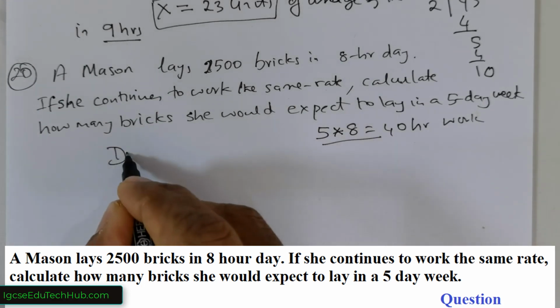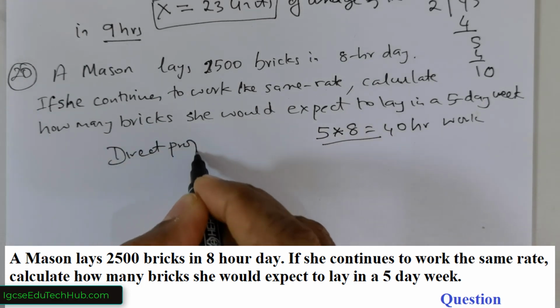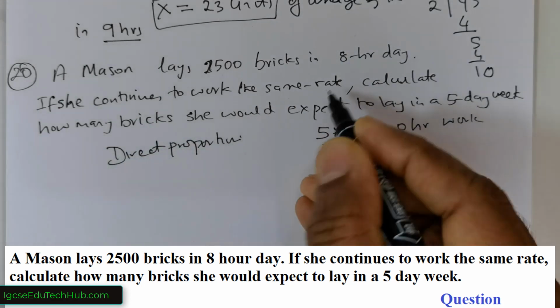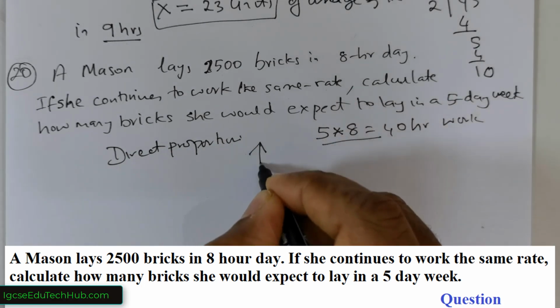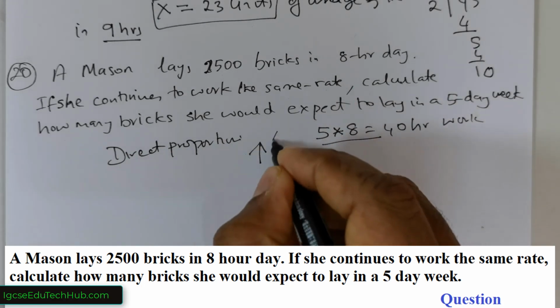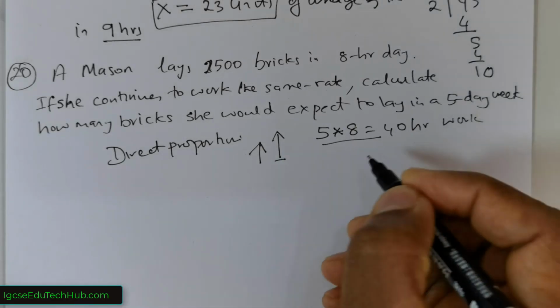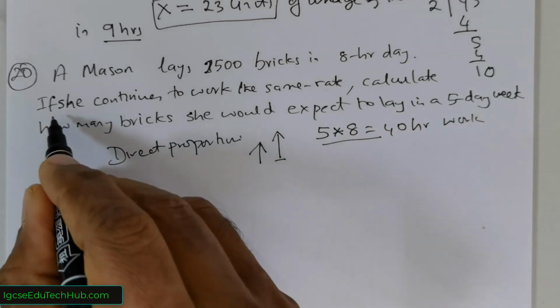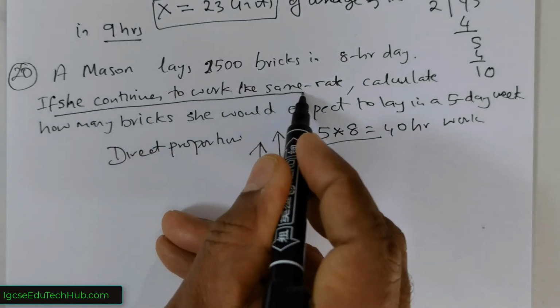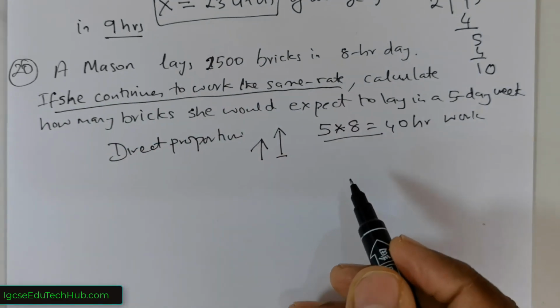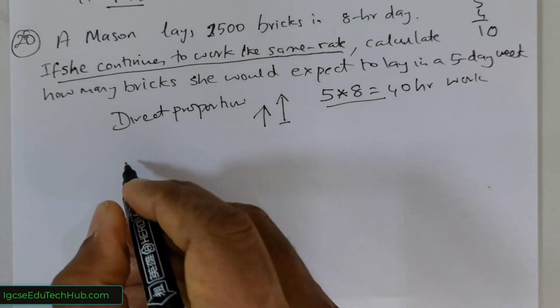Now this is the direct proportion. Why do I say it's a direct proportion? Because the more time she spends, the more bricks she would expect to lay, because it is given that she continues to work at the same rate. Now having mentioned that, I'm going to create this system in this fashion.